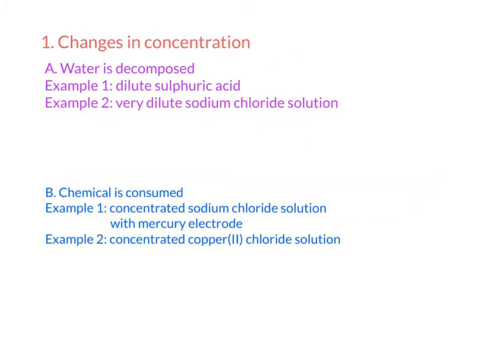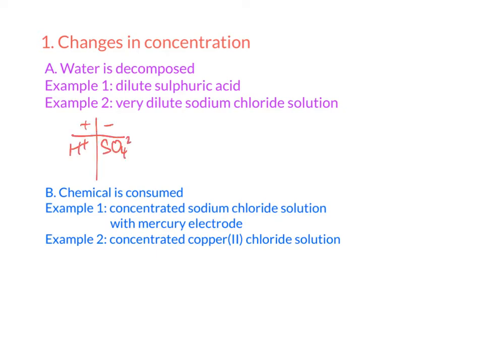So let's have a look. For changes in the electrolyte, we'll just have two cases. The first one, in case water is decomposed, then you will find that the concentration will increase. So let's see the first example. Example one, we have dilute sulphuric acid.